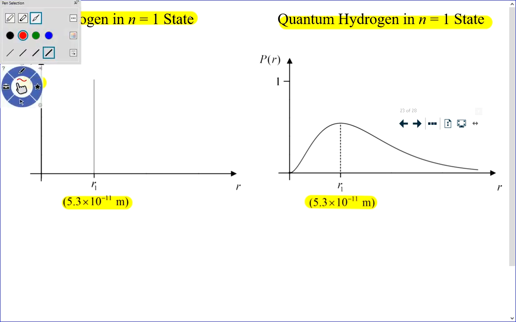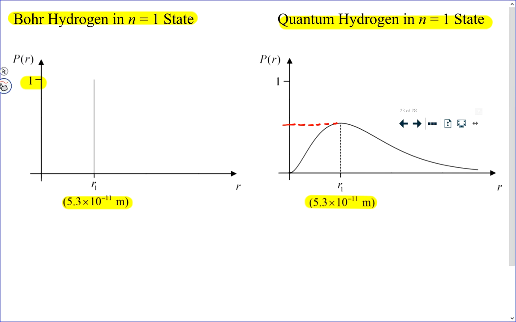And I have exaggerated this graph greatly, but it doesn't matter what the number is, it's a number less than 1. And what that says is the quantum mechanical model predicts, and this is true, that even though the hydrogen atom is in the n equals 1 state, and even though there is an n equals 1 orbit, the electron is not always at that distance. There's some leeway, some flexibility, to where the electron can be.